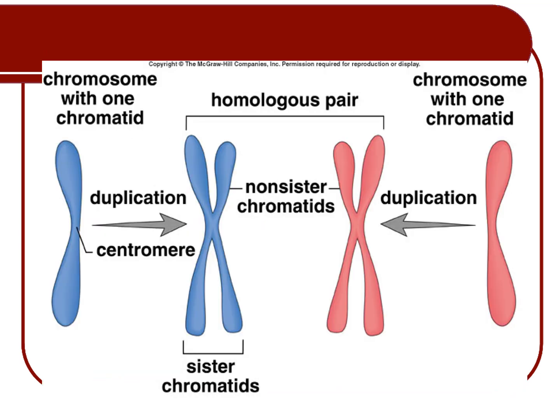Here is the original 1 chromosome from your dad, say, and this was your 1 chromosome from your mom. The colors don't really mean anything. And then during the S phase, they make a copy. So this is your 1 from your mom, and you made an exact copy. They're joined at the centromere, which is this thing right here. And so now you have that chromosome and its copy.